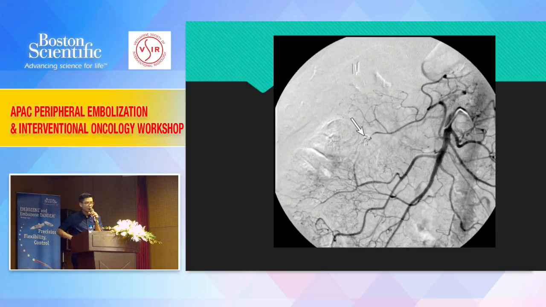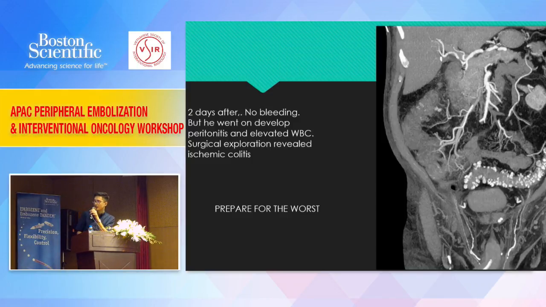Normally, we can occlude the marginal artery without any problem, but this patient today after embolization has symptoms of peritonitis and elevation of white blood cells. The surgeon operated on her and showed the ischemia.